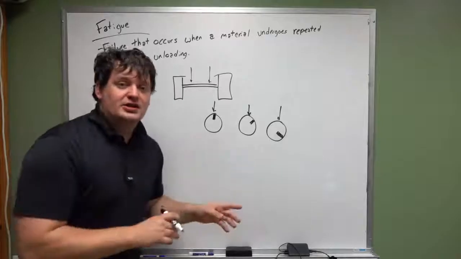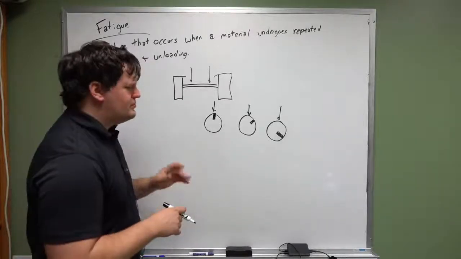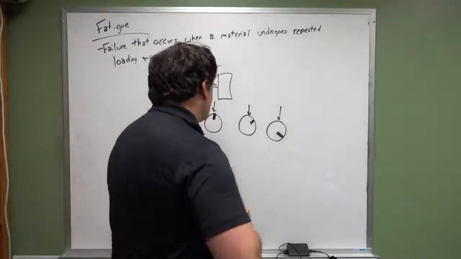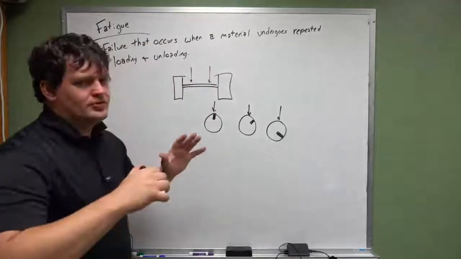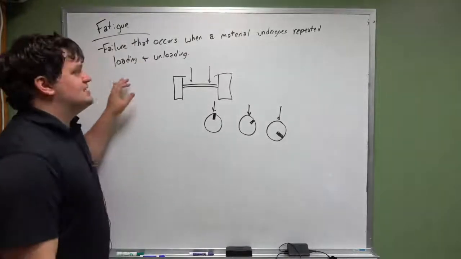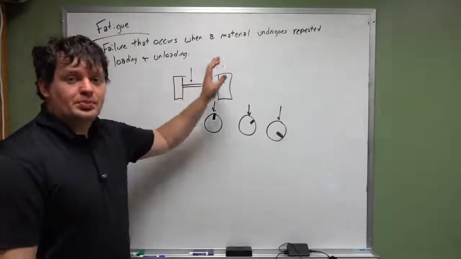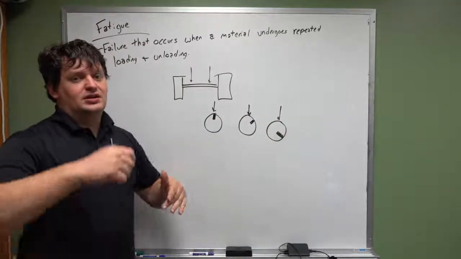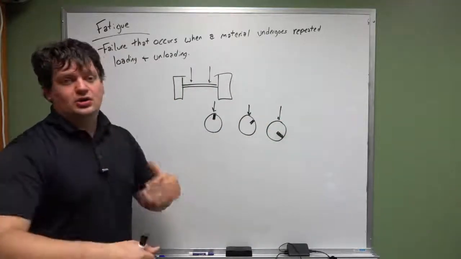In the other lecture that we're going to give today, we're going to talk a little bit more about this. But ultimately, all fatigue is, is failure that happens when you repetitively load a material. Okay? Load, unload, load, unload.